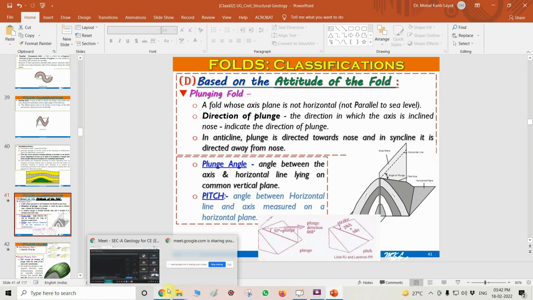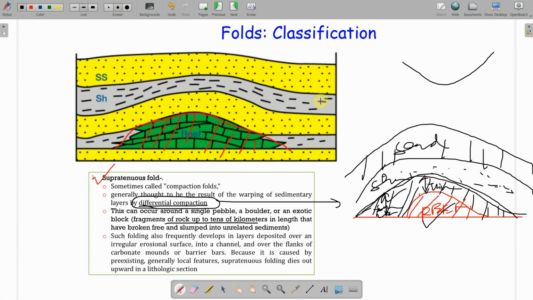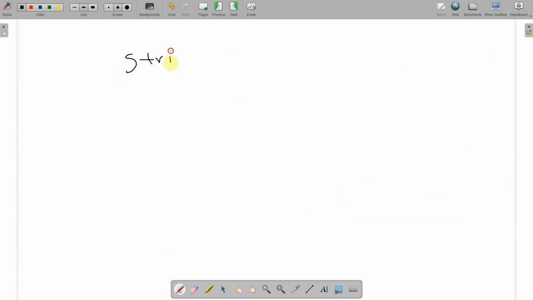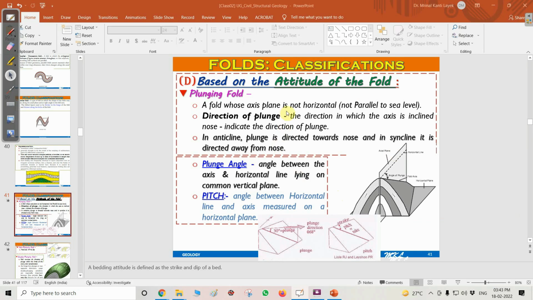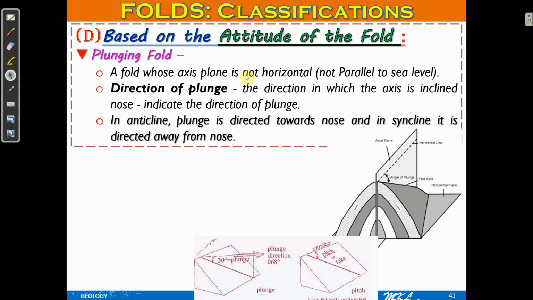The strike and dip of a bed is called attitude. Depending on the attitude of the fold, you can classify folds into several types. Chiefly 5 types of folds have been recognized on this basis.